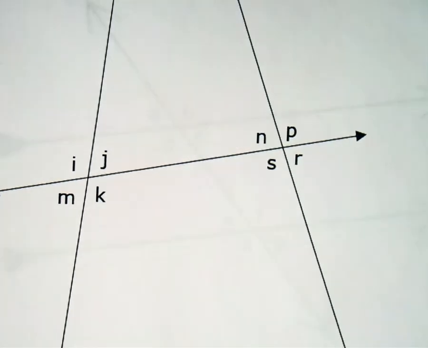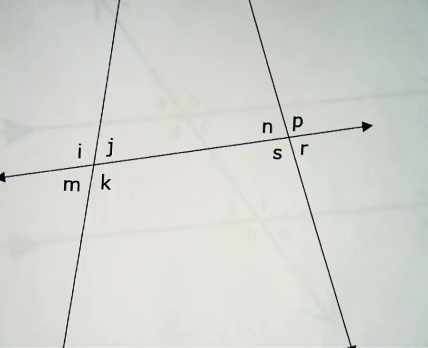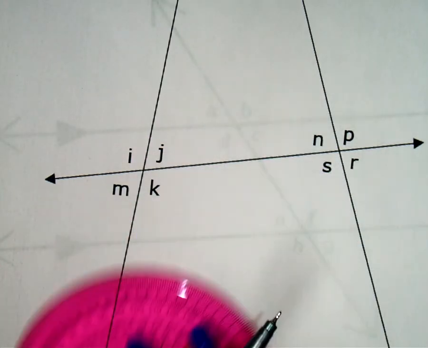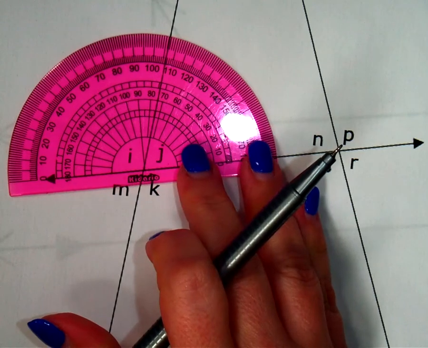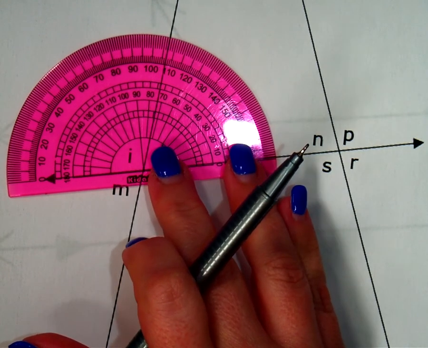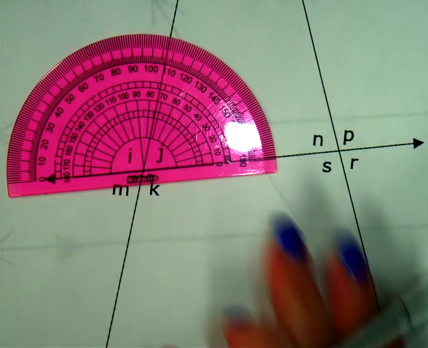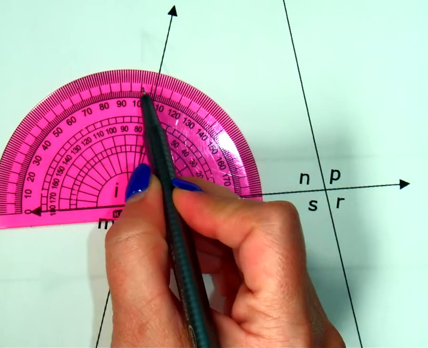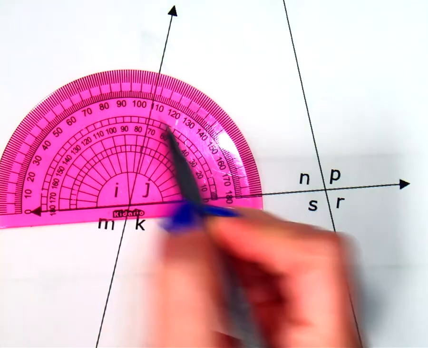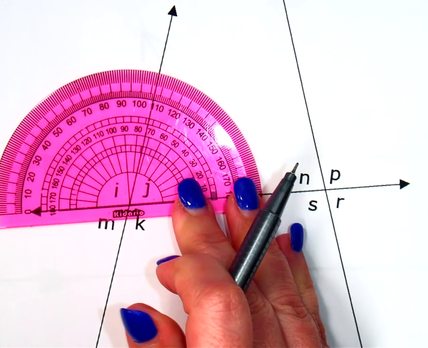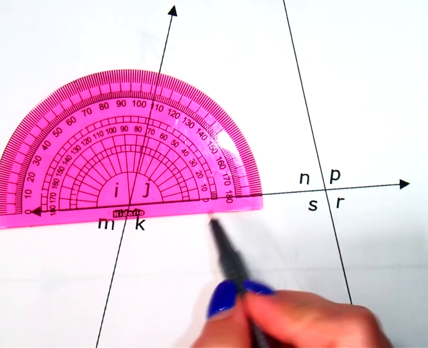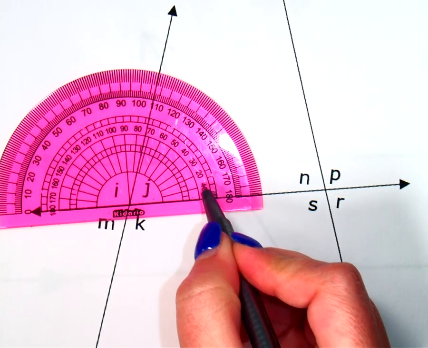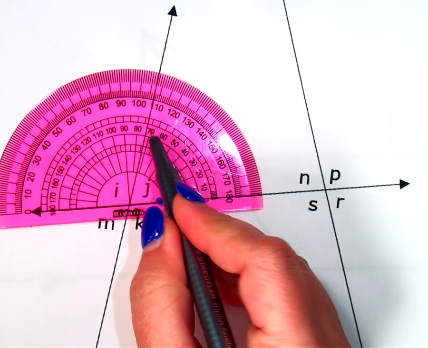If I try that again, when I look at this next set, if I want to find I, J, K, and M, so when I line up right here, I can see on one side it's between 70 and 80, and then up here it's between 110 and 100. So my 0, let me make sure I'm nice and lined up, my 0 on the inside arc goes just past 70.